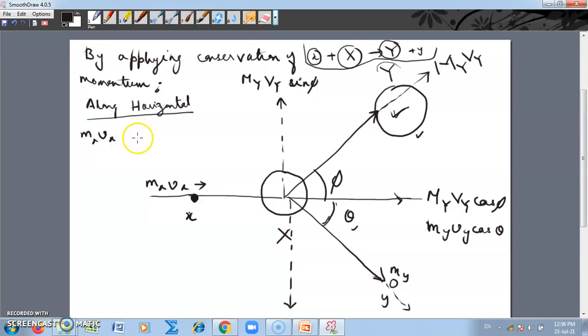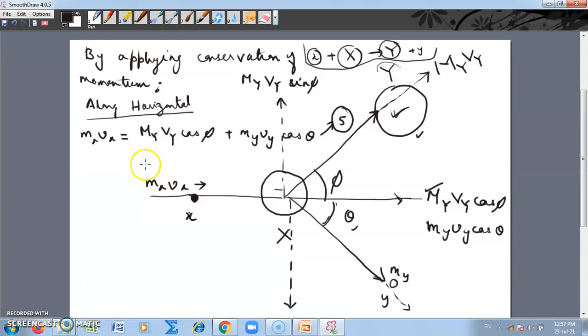We don't have a plus sign here because the target is at rest and has no momentum. This is equal to my vy cos phi plus my vy cos theta. This would be equation number 5.